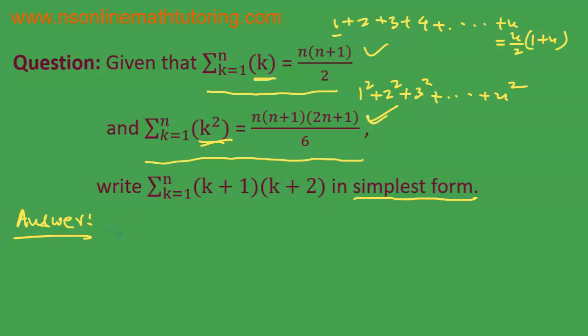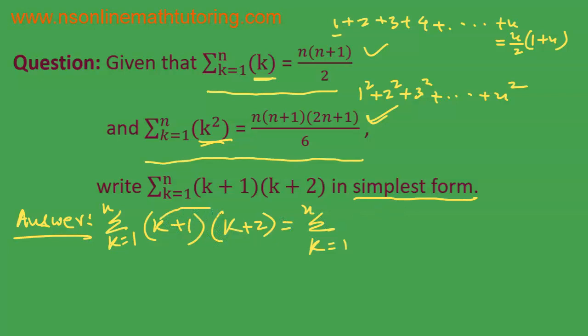So first thing that we will be doing is we will be expanding. So sigma k equal to 1 to n, k plus 1 times k plus 2 is equal to sigma k equal to 1 to n, k times k is k square, k times 2 is 2k and 1 times k is k. 2k plus 1k is 3k, and 1 times 2 is 2.